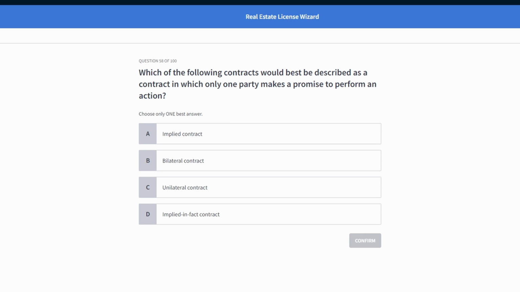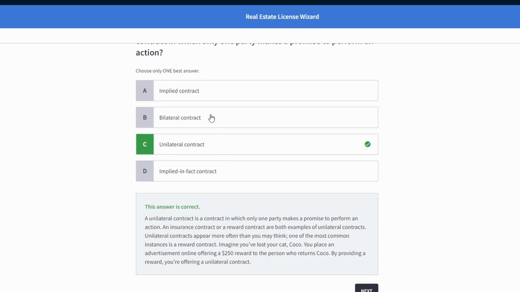Alrighty, so what is the correct answer for this one? Well, it's going to be C, unilateral. A unilateral contract is a contract in which only one party makes a promise to perform an action. An insurance contract and a reward contract are both examples of unilateral contracts. Unilateral contracts appear more often than you may think. One of the most common instances is a reward contract.